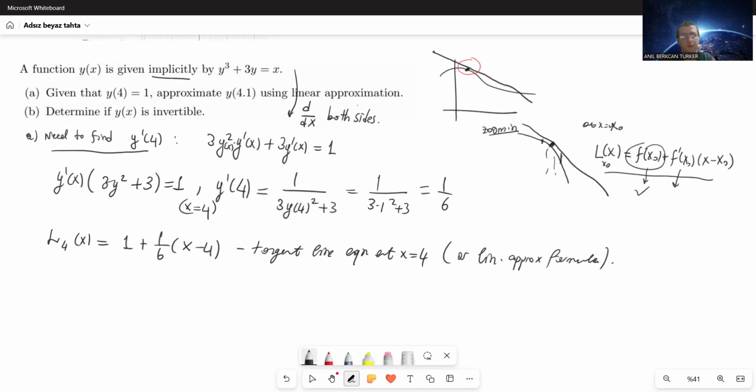Now, let's first finish. y(4.1) is approximately, not equal but approximately, the linearization at 4.1, which is equal to 1 plus 1 over 6 times (4.1 minus 4).